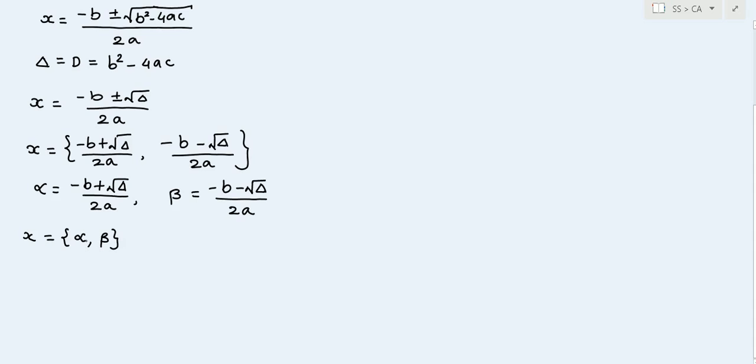This is called our solution set, or alpha and beta are roots of the equation. Okay, so you have to remember that the two roots of the equation are alpha and beta.